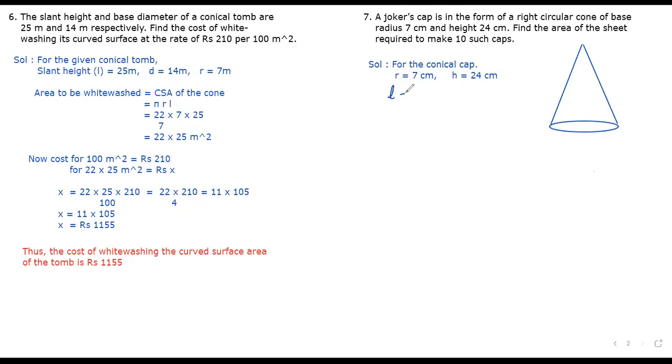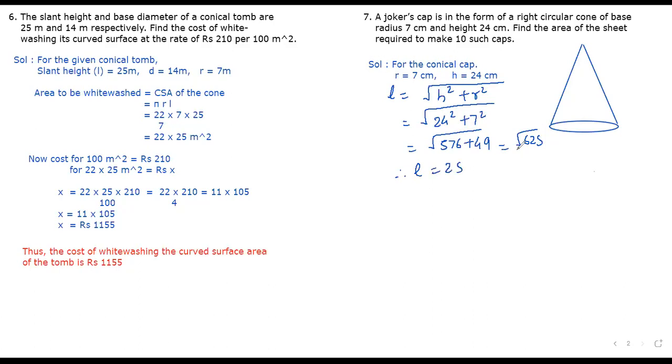Yes, very good. So L is going to be under the root h square plus r square, under the root 24 square plus 7 square, 576 plus 49. Copy, children, don't do anything. 625, and therefore ultimately L becomes 25 centimeters. Why?